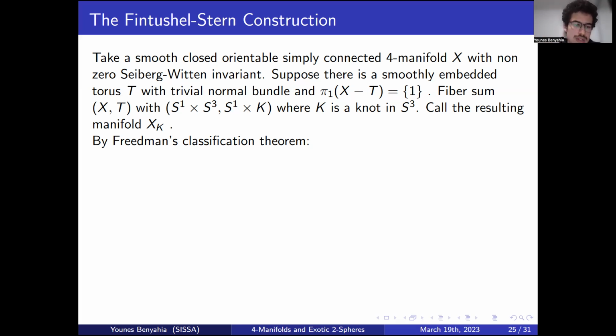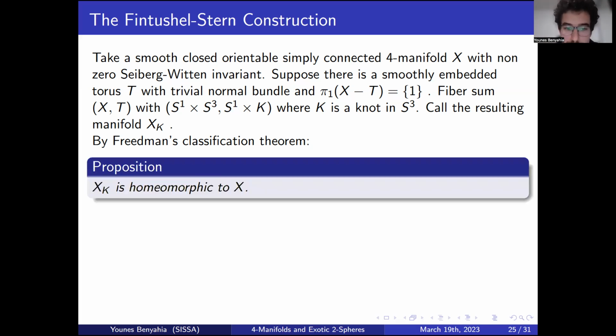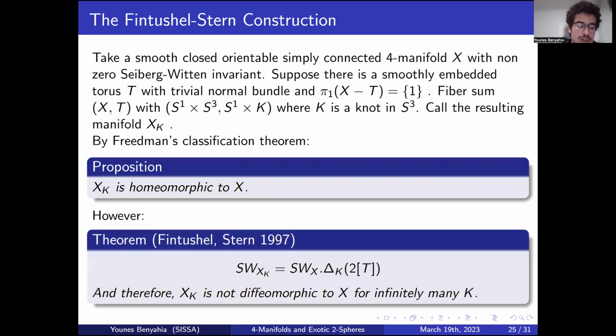You can check by Freedman's classification theorem from earlier that this manifold is homeomorphic to X. It will have the same intersection form. However, what Fintushel and Stern proved is that the Seiberg-Witten invariant of XK is going to be the Seiberg-Witten invariant of X multiplied by the Alexander polynomial evaluated somewhere.